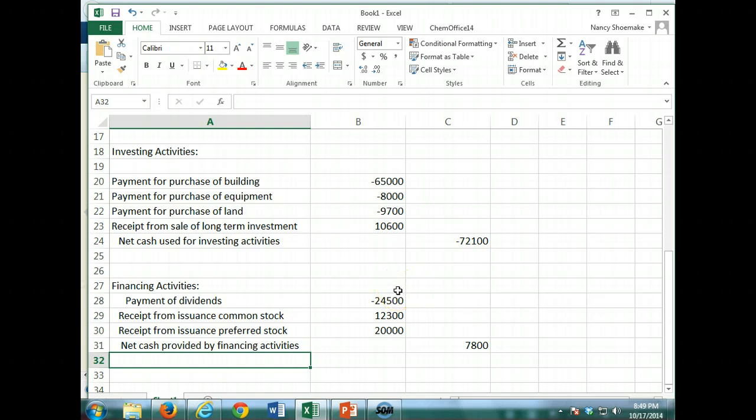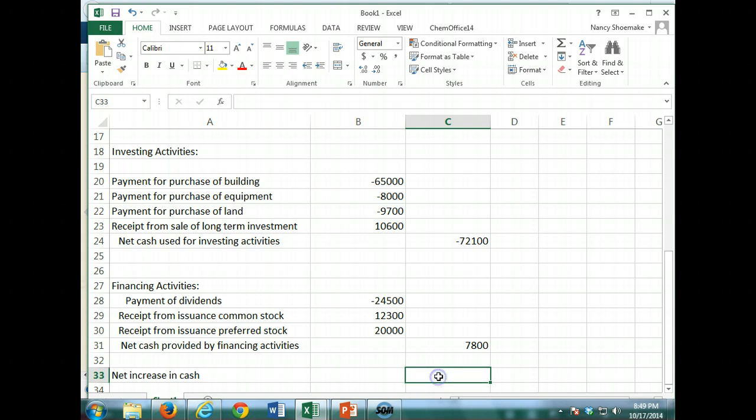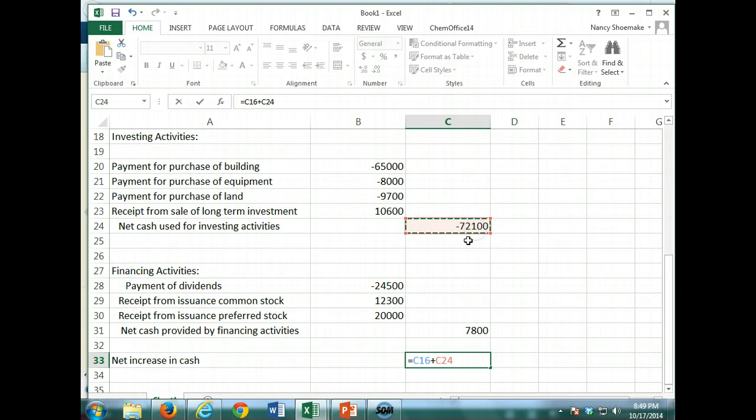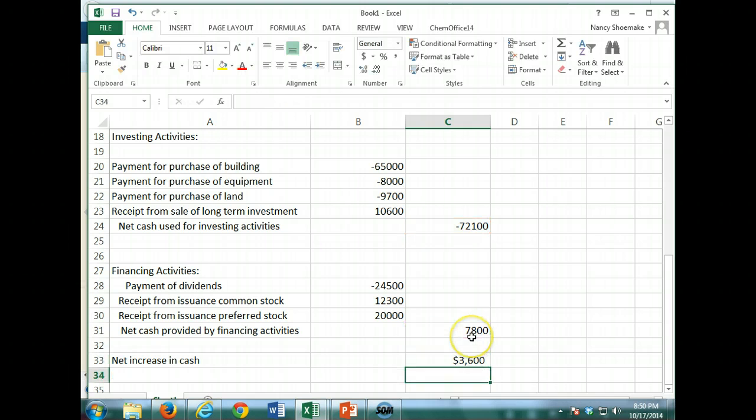7,800. So then we've got something called net increase in cash. Our net increase in cash is going to be this plus this plus this, 3,600.